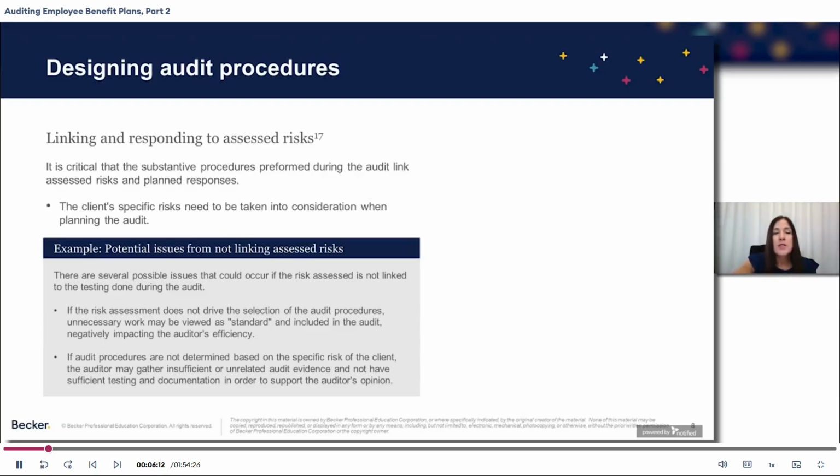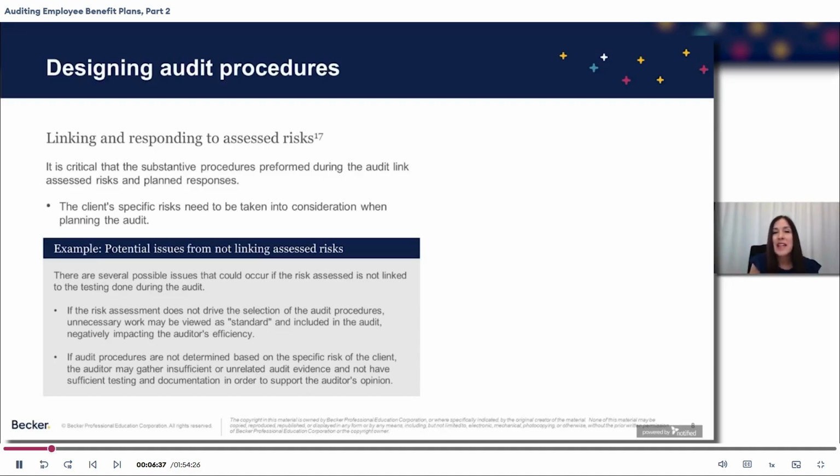Now, there are several possible issues that could occur if the risk assessment is not linked to the testing that's done during the audit. For example, if the risk assessment does not drive the selection of the audit procedures, then you may find yourself doing unnecessary work and viewing that as standard and included in the audit.